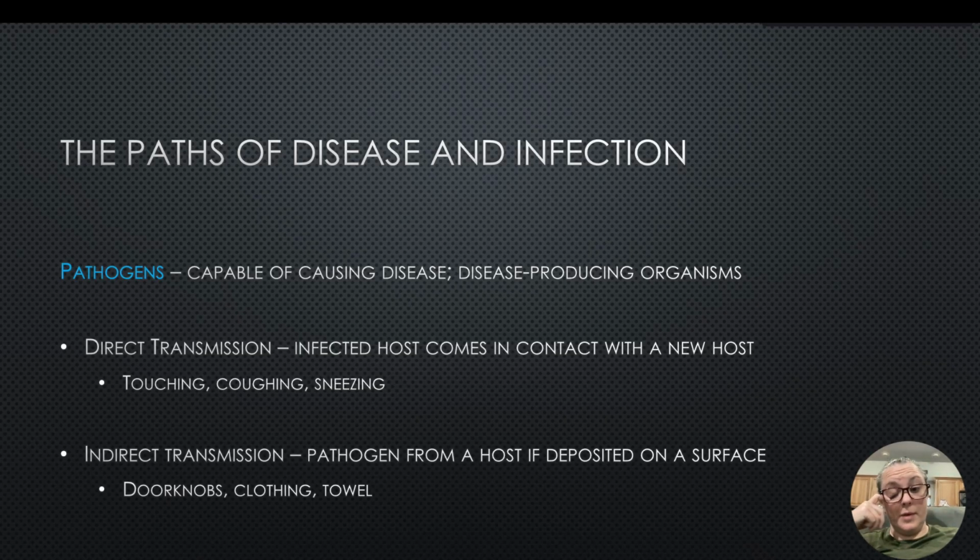Indirect transmission would be if the pathogen from a host is deposited on a surface, like doorknobs, clothing, towels. Maybe somebody coughed and wiped it on a towel or just coughed near fabric, and then you're touching it, touching your face. That would be indirect transmission. It's transmission from a host to a surface.